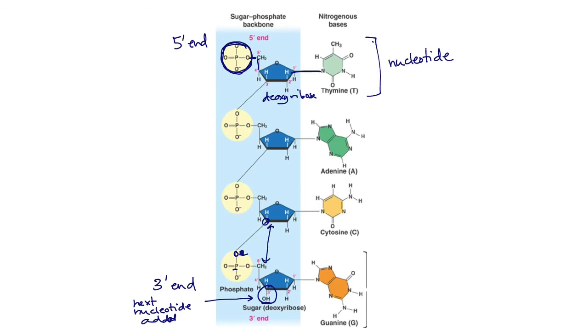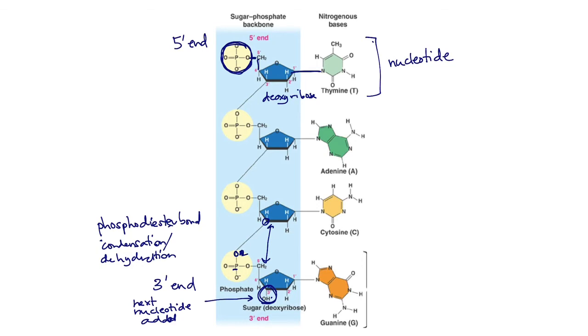So the bond that holds two nucleotides together is called a phosphodiester bond. And it's formed, like so many other polymers, by a condensation or dehydration reaction, linking together the 3' end of one nucleotide to the next one.